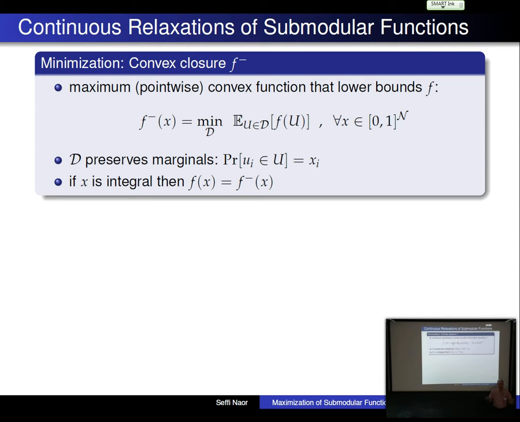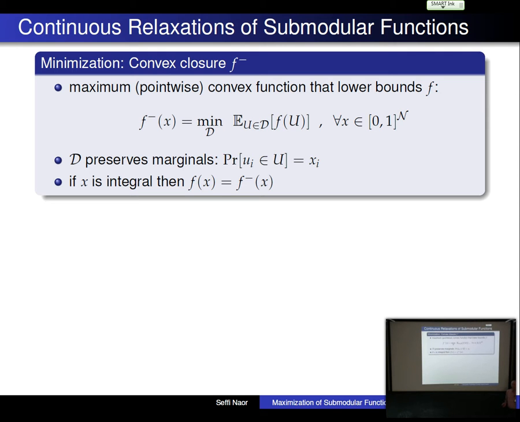So we have a point x in the hypercube. It's a fractional point, with coordinates x1, x2, up to xn, all of them fractional values.